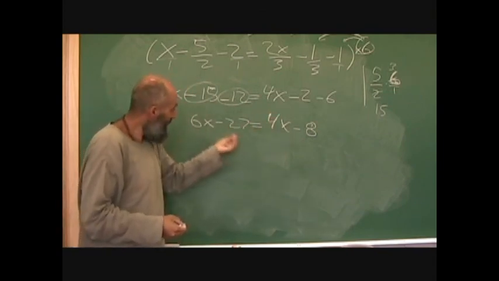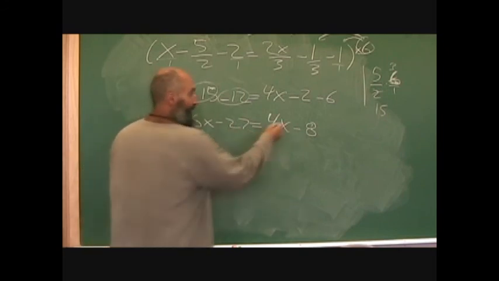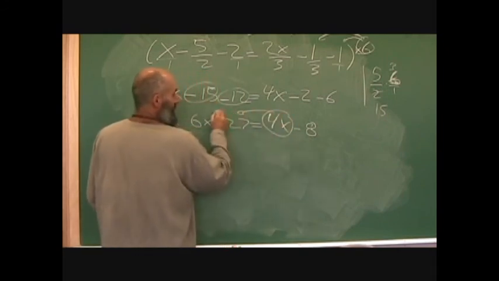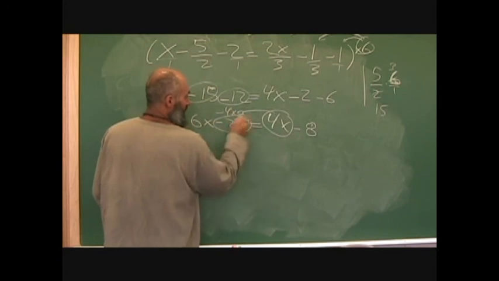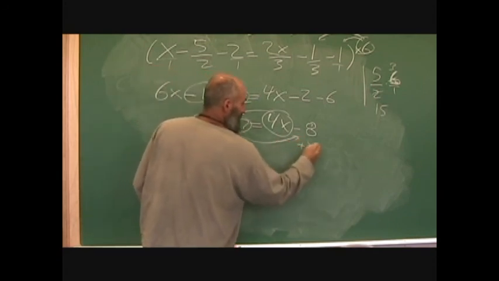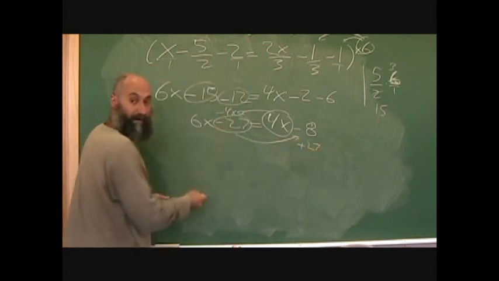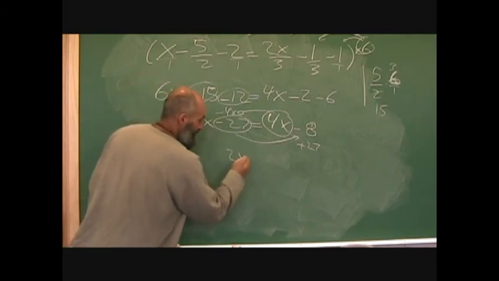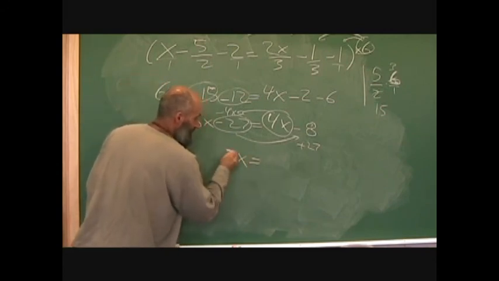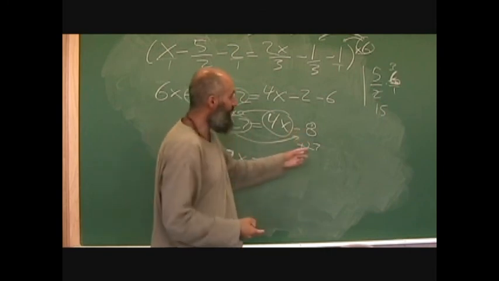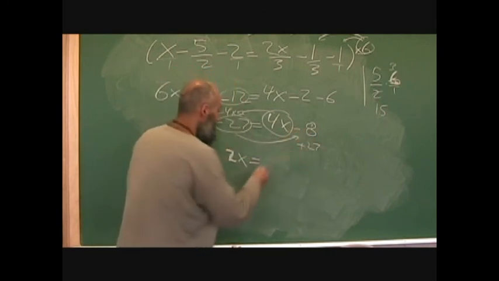Take your numbers to the other side. So it's going to be minus 4x. Grab that guy, bring it over, so it's going to be plus 27. So 6x minus 4x is going to be 2x. Over here, you've got 27 minus 8, that's going to be 19.